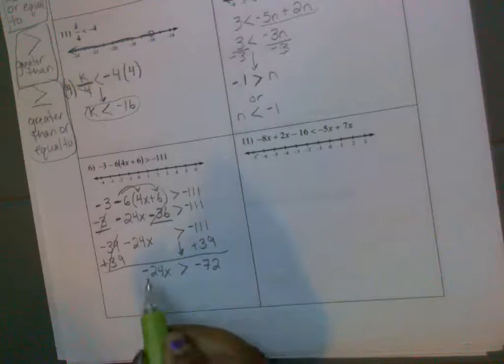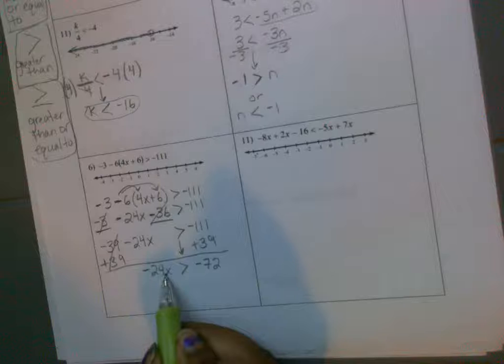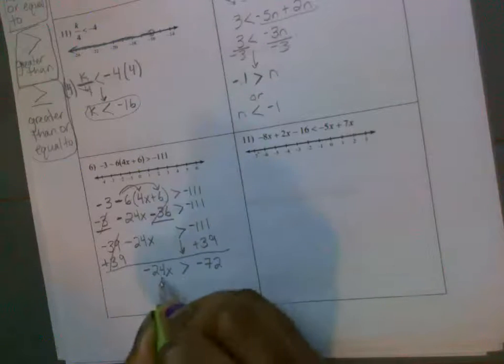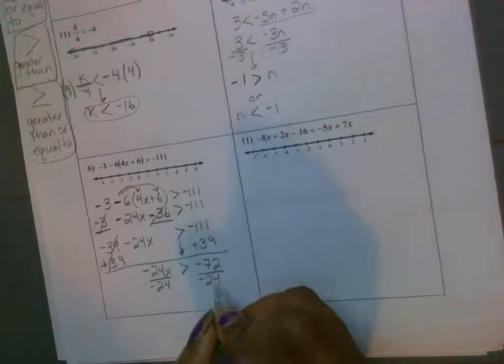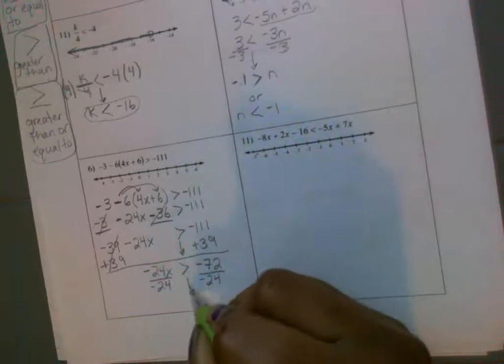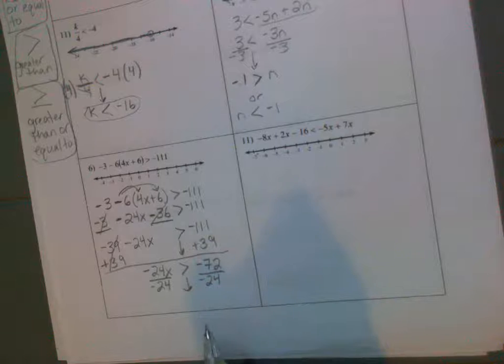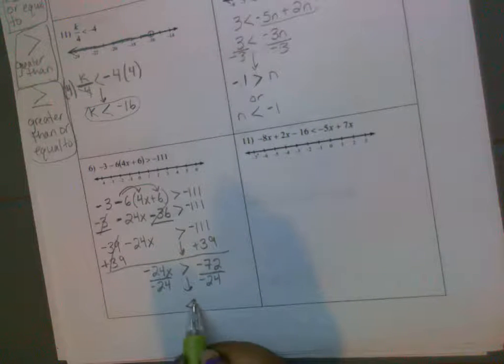Lastly, to get rid of this negative 24 that's attached to x by multiplication, the inverse or opposite of multiplication is division. So I'm going to divide both sides by negative 24. Because I divided both sides by a negative number, this inequality is going to flip. So instead of it being greater than, it's going to be less than.